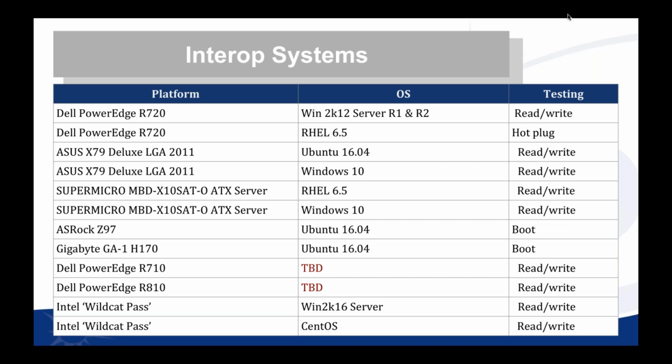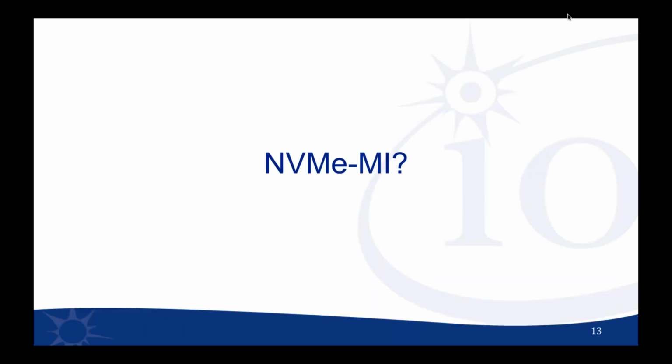Rarely is that a problem for folks coming through during the Plugfest or even on our weekly testing. We do provide the option to update drivers or operating systems if necessary, if we think some are causing problems. But these are the interop systems you can expect to use when you attend the event.